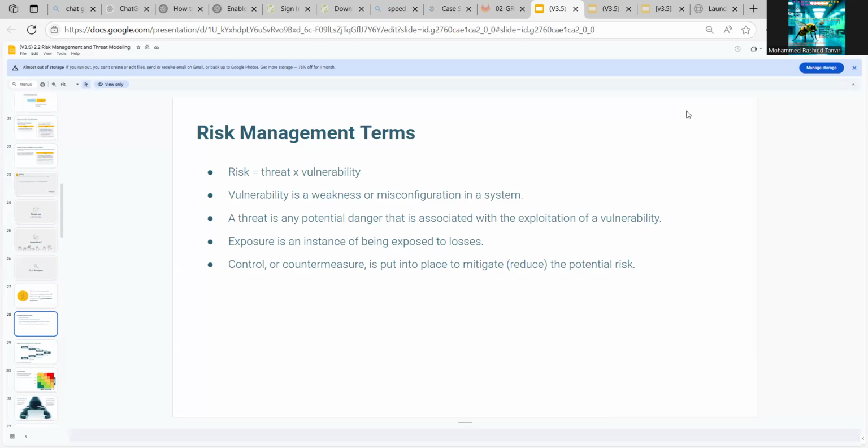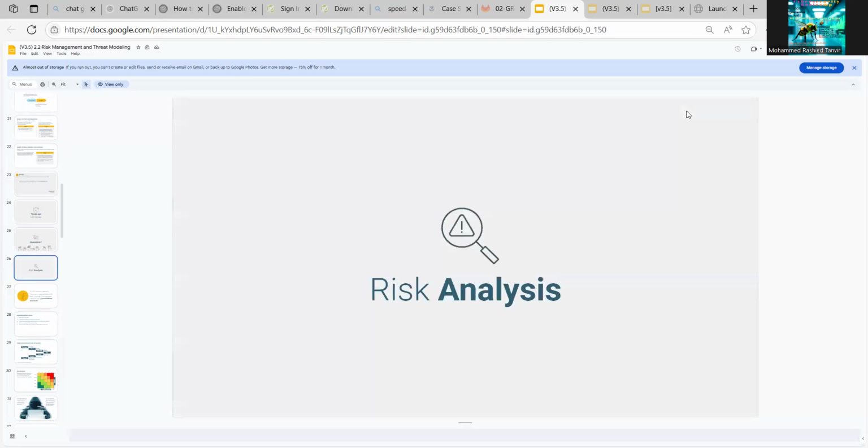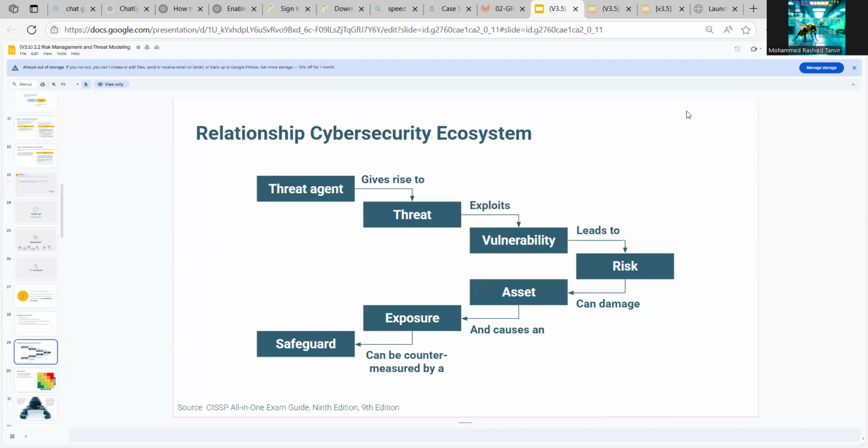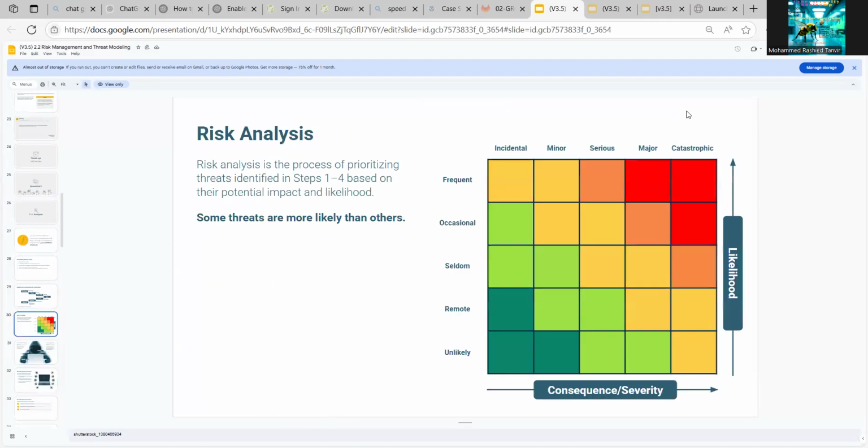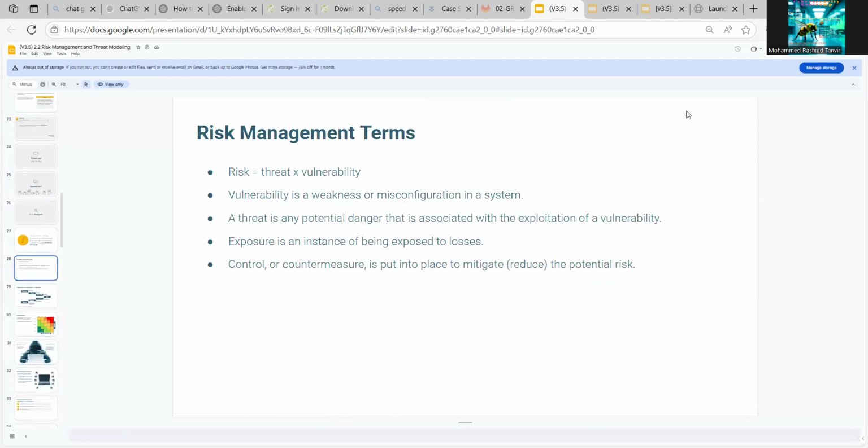So we will proceed exploring now. Okay, we will proceed, just let us finish this slide.